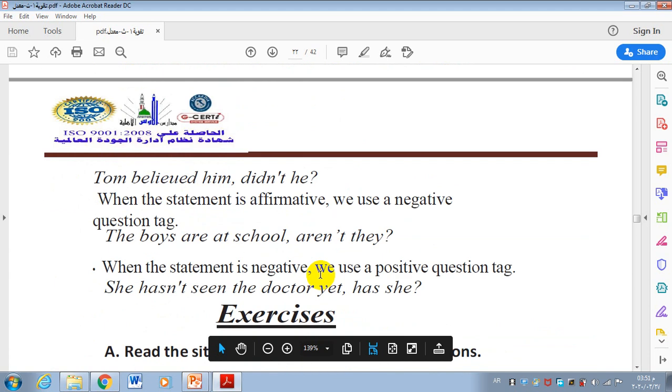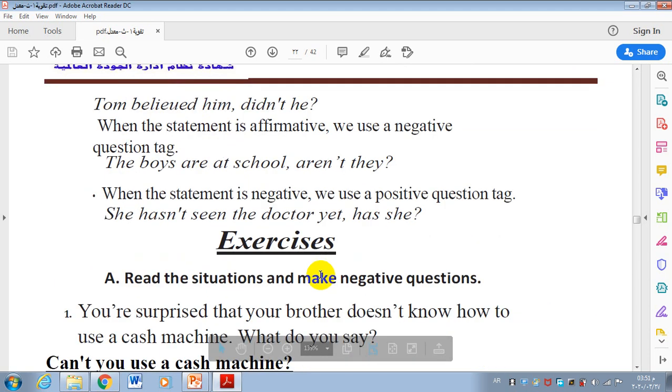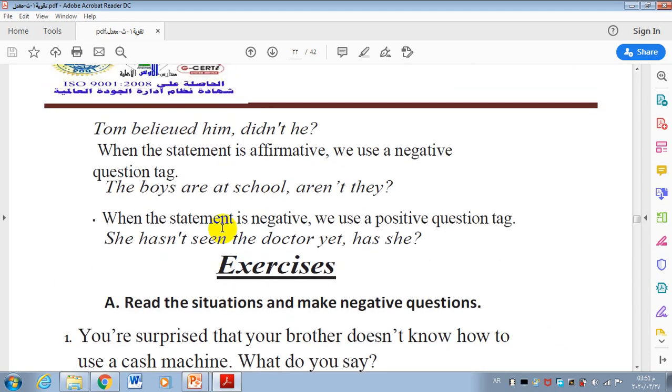So my dear students, in the next page we can say Tom believed him, and the question tag didn't he. But why do we use didn't? Because the main verb here, believed, is in the past and it is affirmative.